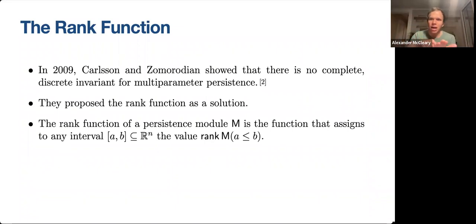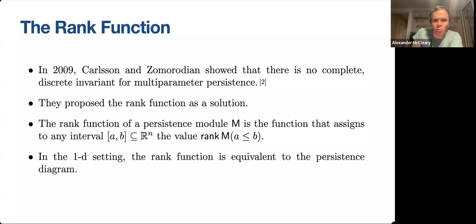Remember, we get a linear map from the space at A to the space at B. In the 1D setting, this is equivalent to the usual persistence diagram. This captures the same information, but in the multi-parameter setting, they're not equivalent.